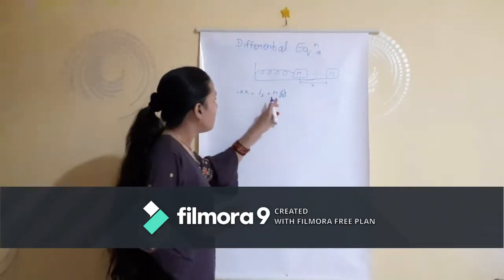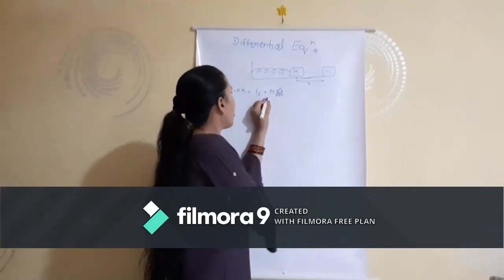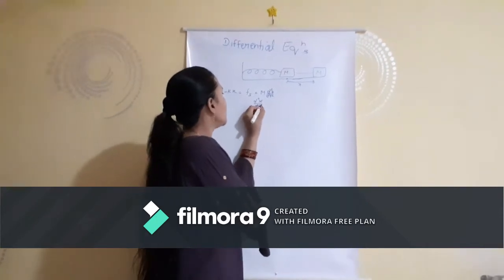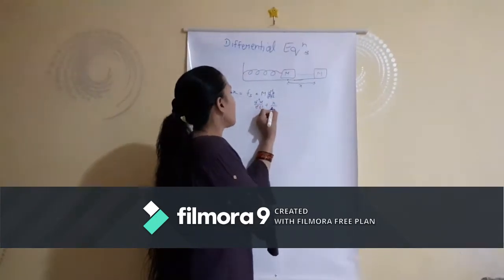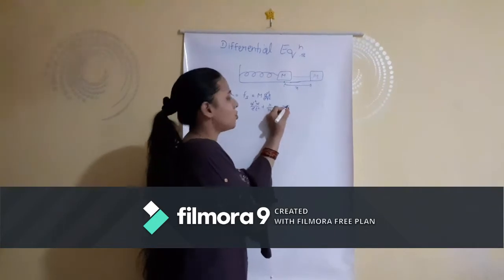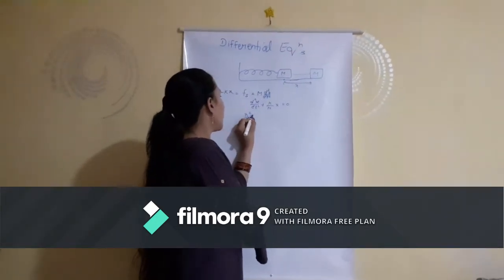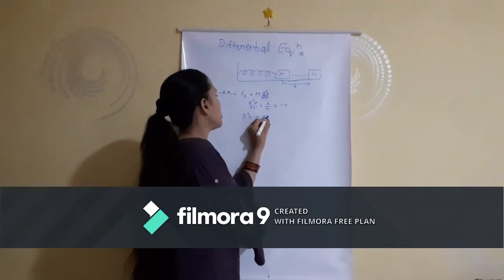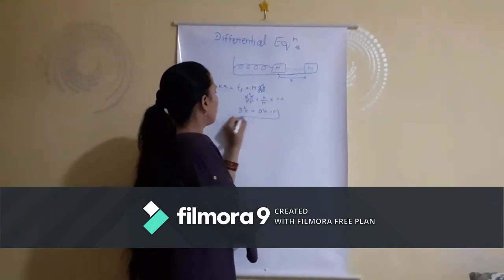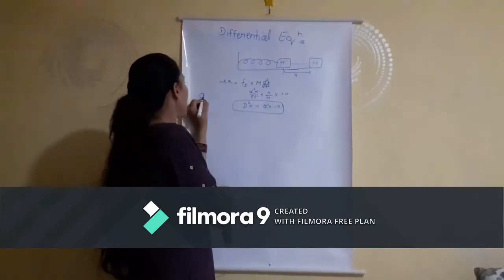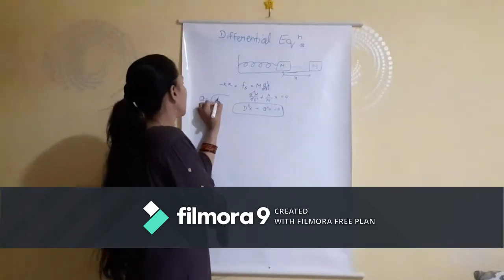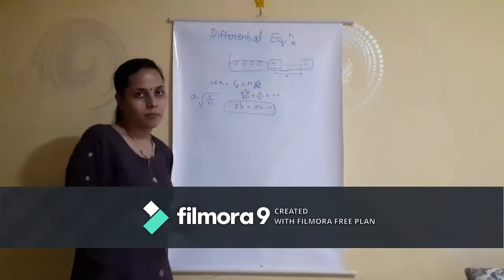Then, we will write this differential equation in the form d2x over dt2 plus k by m into x equal to 0. And we can write the differential equation in the form d2x over dt2 plus a squared x equals 0, where a equals the square root of k by m.